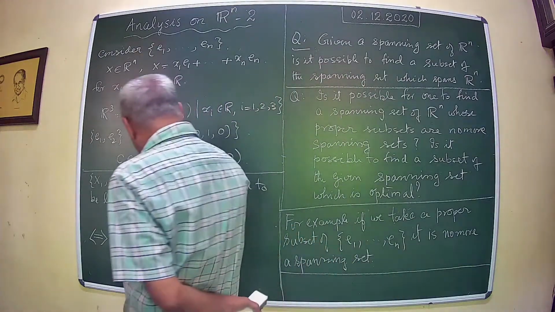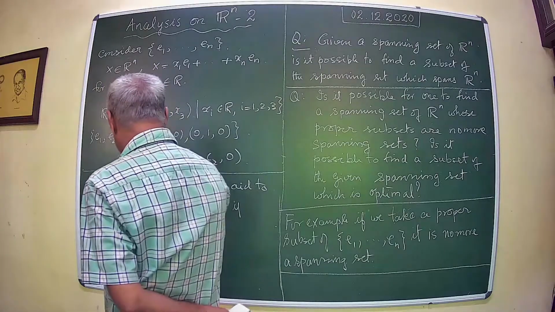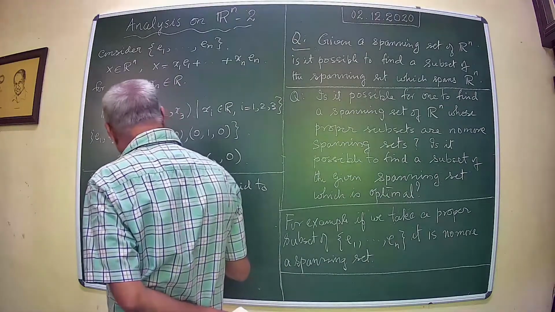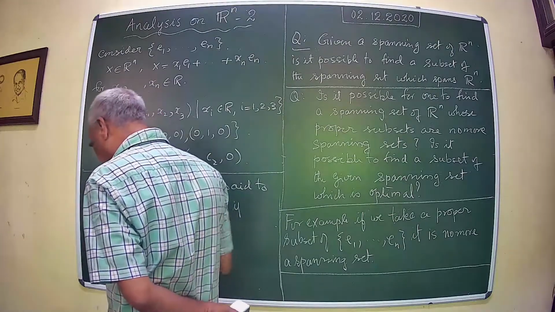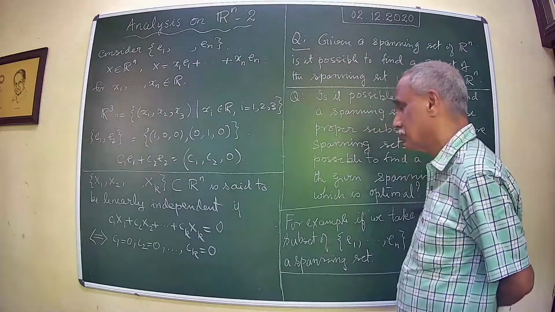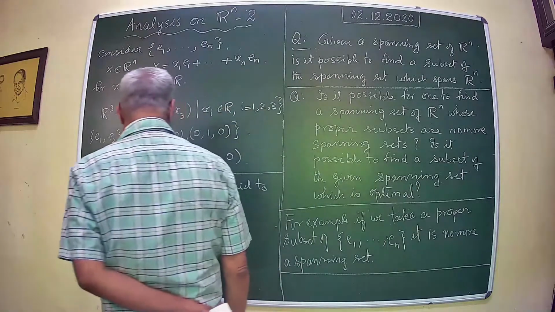Suppose this is not true. What happens? The sum is equal to 0 even when it is not true that C1 equal to 0, C2 equal to 0, etc., Ck equal to 0. In that case, there is some Ci which is not equal to 0.